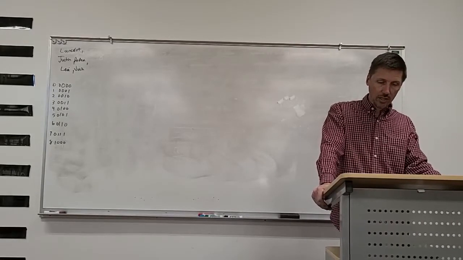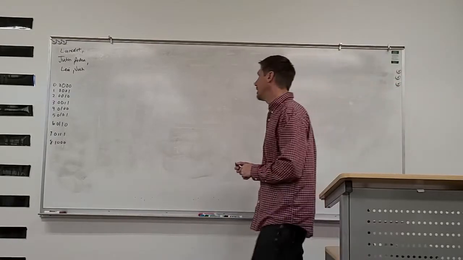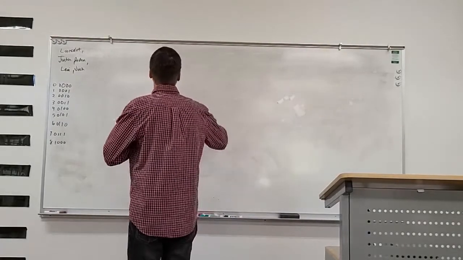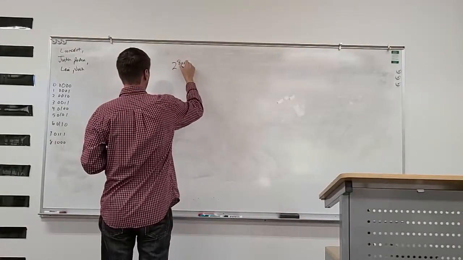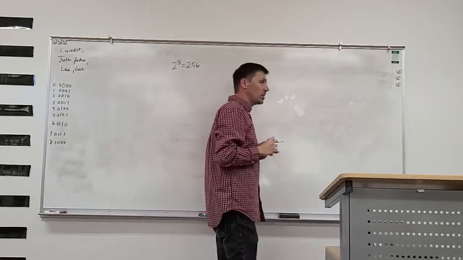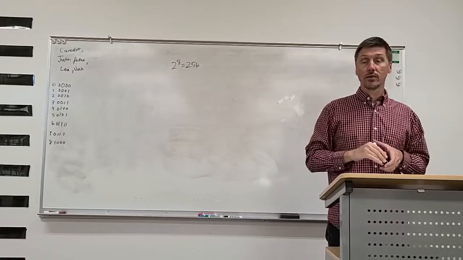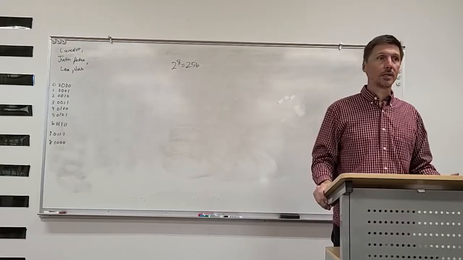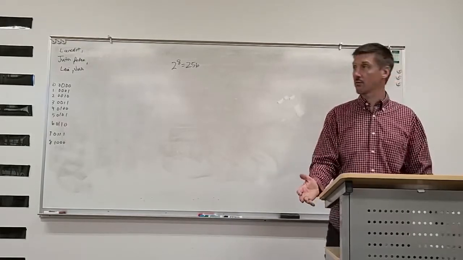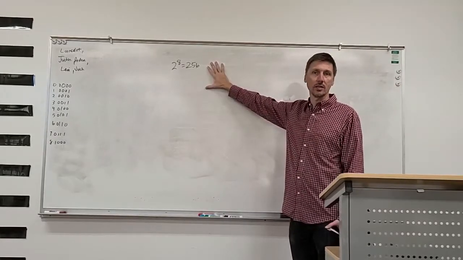If I've got an 8-bit grayscale image, that's 2 to the 8, which is 256. So I could represent 256 shades of gray. The computer is able to do that, but you can't tell it. If you can only see 30 shades of gray, then why would I use all 256 of these in my image? It doesn't make any sense.